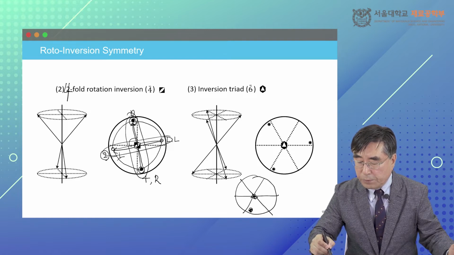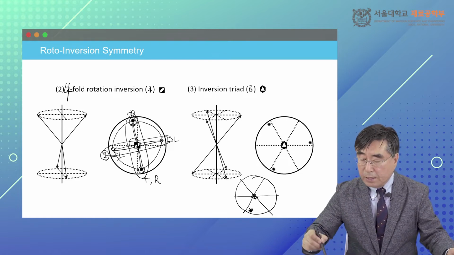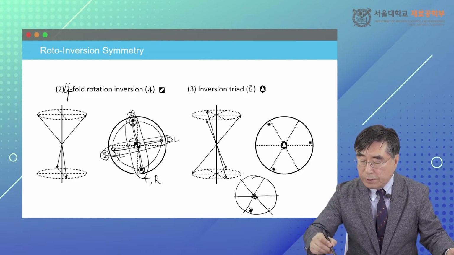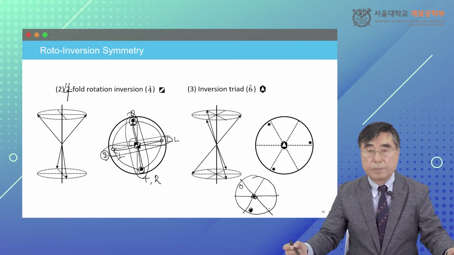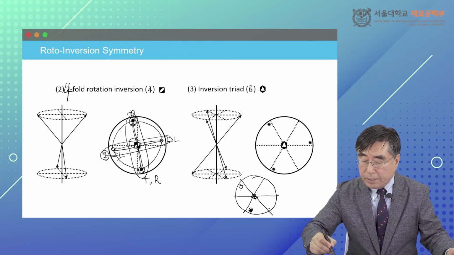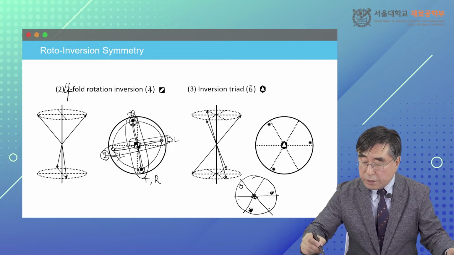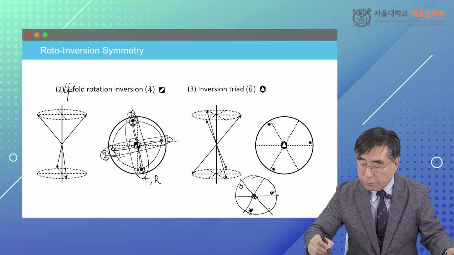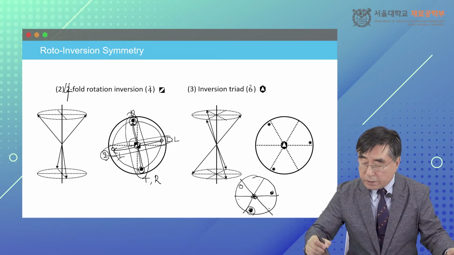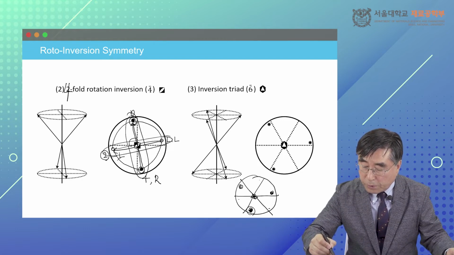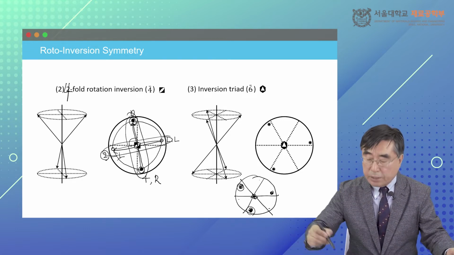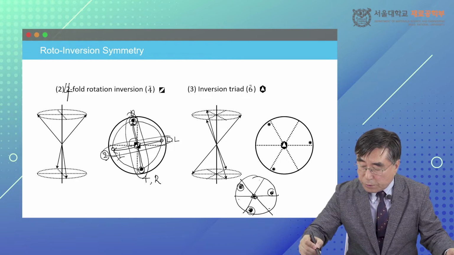If I have one pole, upper pole in here, 60-degree rotation, inversion, so it makes down pole in here, right? And now 60-degree rotation, inversion, upper pole. Now 60-degree rotation, inversion, down pole. 60-degree rotation, inversion, upper pole. 60-degree rotation, inversion, down pole.